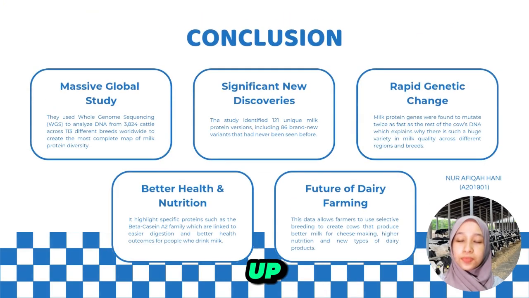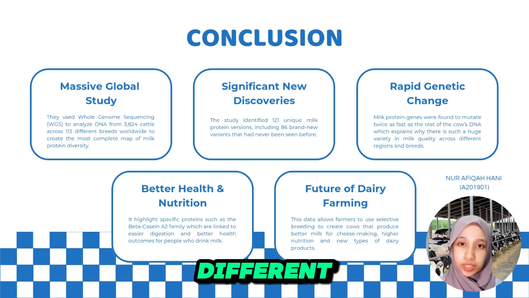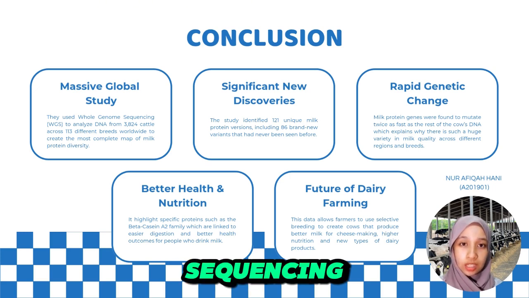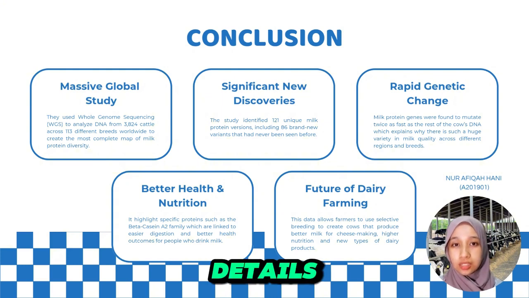To wrap things up, we think that this was a massive global study because they didn't just look at local cows. They analyzed DNA from over 3,824 cattle across 113 different breeds all over the world. And the real game changer here was using whole genome sequencing, which allowed them to see details that older testing methods simply couldn't catch.